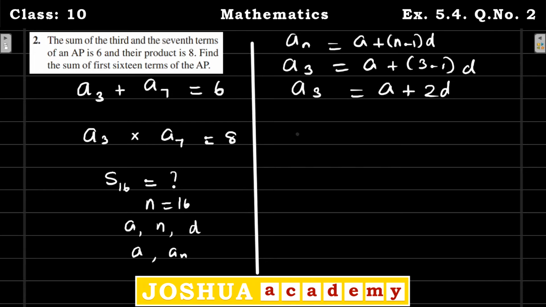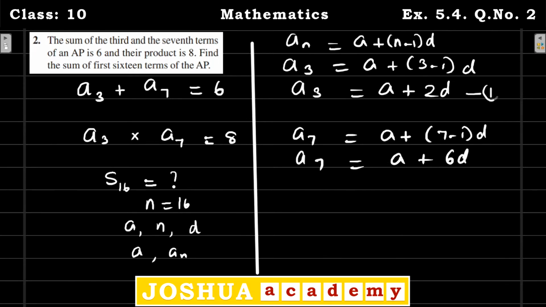Now the same way I am coming for A7. That is equal to A plus 7 minus 1 D, or A plus 6D. This is A7. I call this equation 1 and this equation 2. What is given here is A3 plus A7 equal to 6.